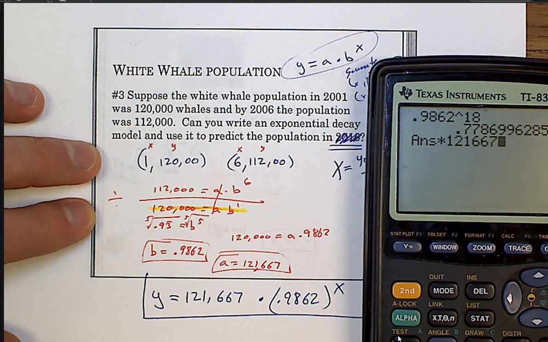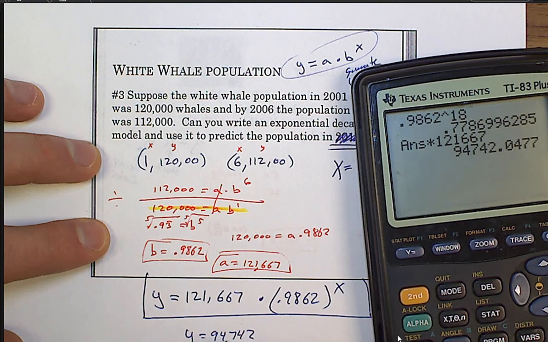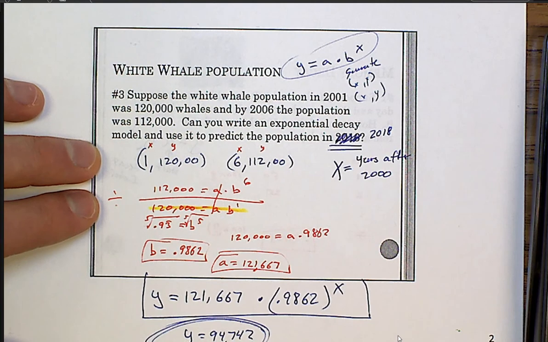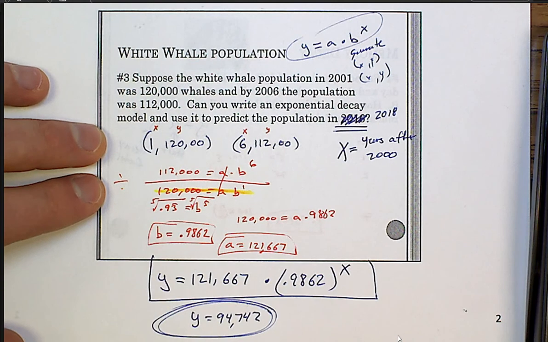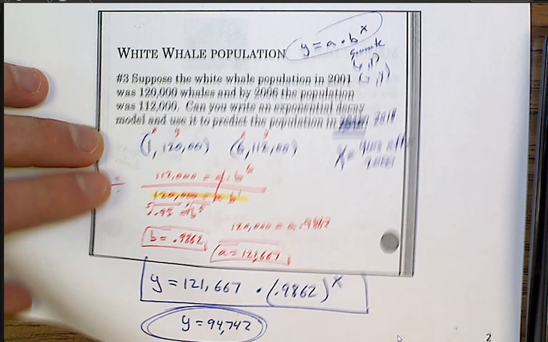And that gives me a total of 94,742. And so in 2018, there should be 94,742 whales. Right? So we've got to do our part to take care of the whale population, and that's how you do that problem. All right.